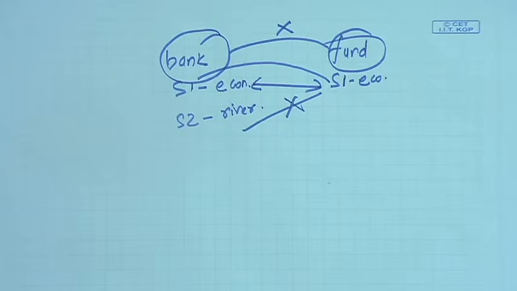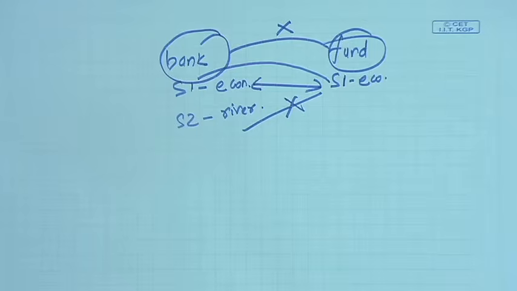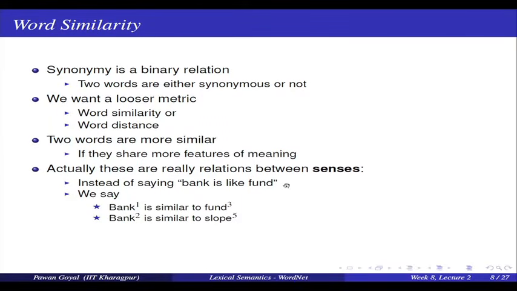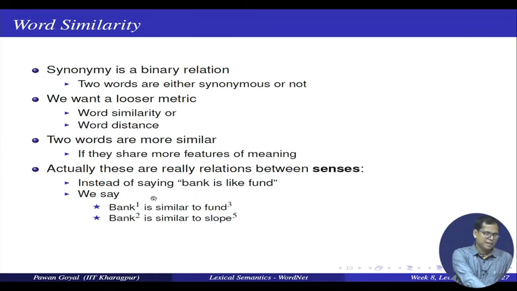So we will talk about relations between senses of words and not words directly, although we will try to extend it later to the words. So instead of saying bank is like fund, I will say something like bank 1 is similar to fund 3, suppose that is the third sense of fund, and bank 2 is similar to slope 5, the fifth sense of slope, and so on.